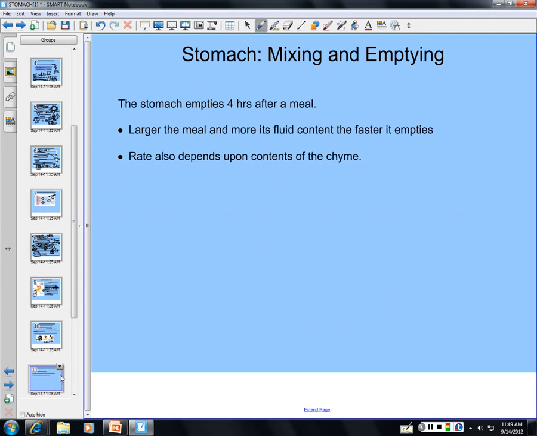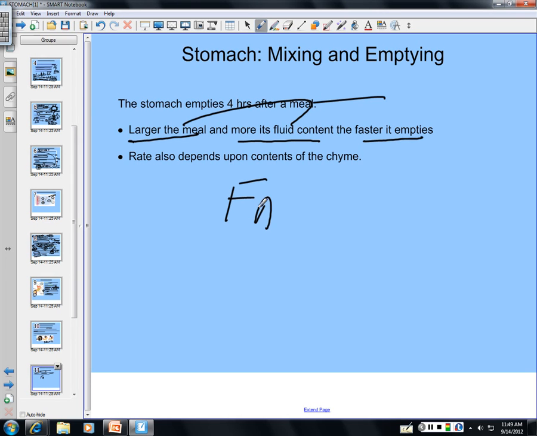Once the mixing has taken place, when does emptying start? Emptying starts after a meal. The more fluid the content, the faster it will empty. The larger the meal and the more fluid its content, the faster it will empty. But remember, if there's more fat content, then the emptying will be slow.